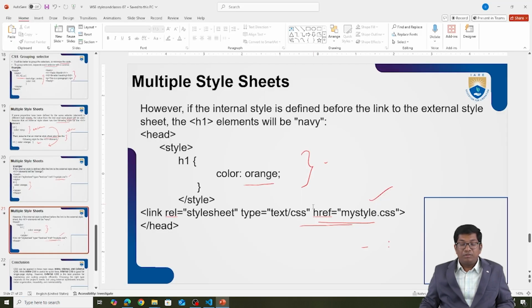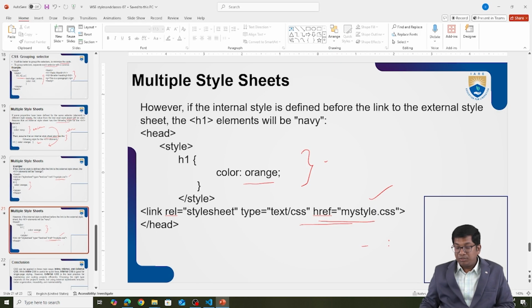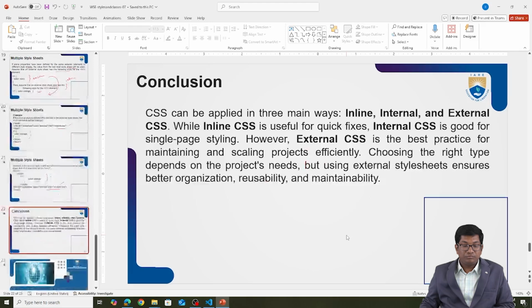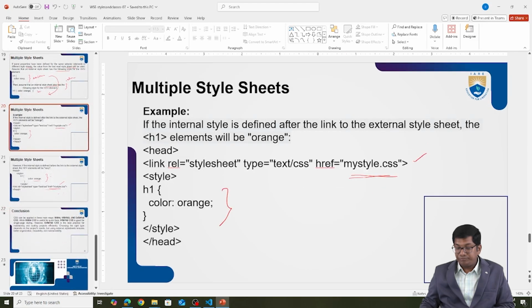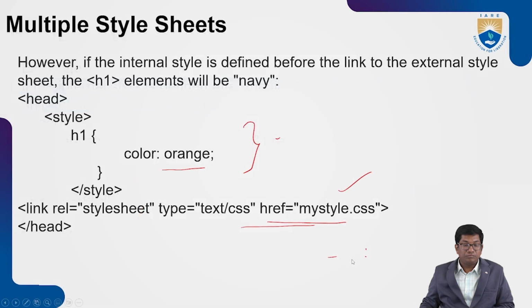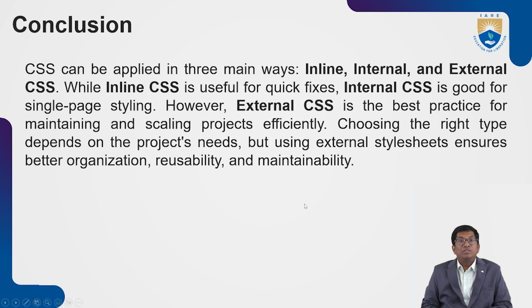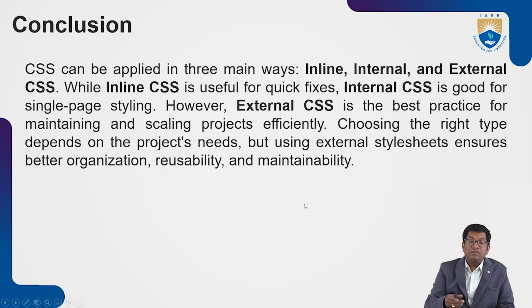So finally, coming to the conclusion: CSS can be applied in three main ways, that is inline, internal, and external CSS. While inline CSS is useful for quick fixes, internal CSS is good for single page styling.